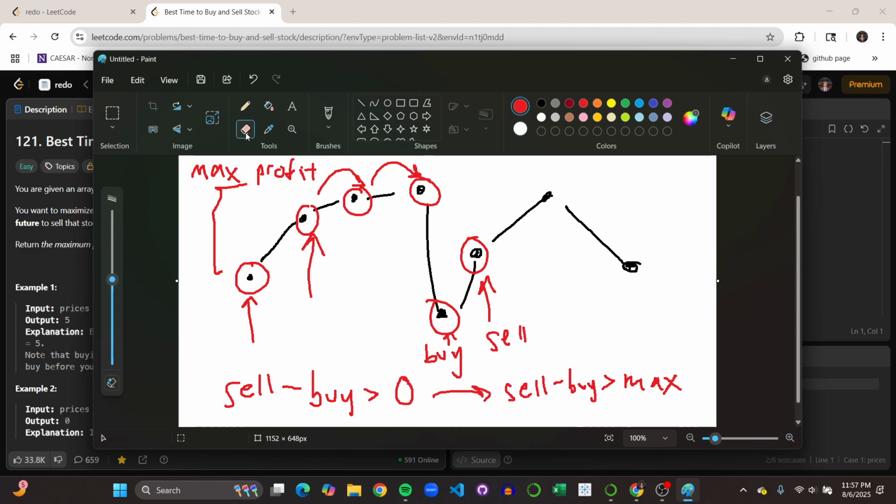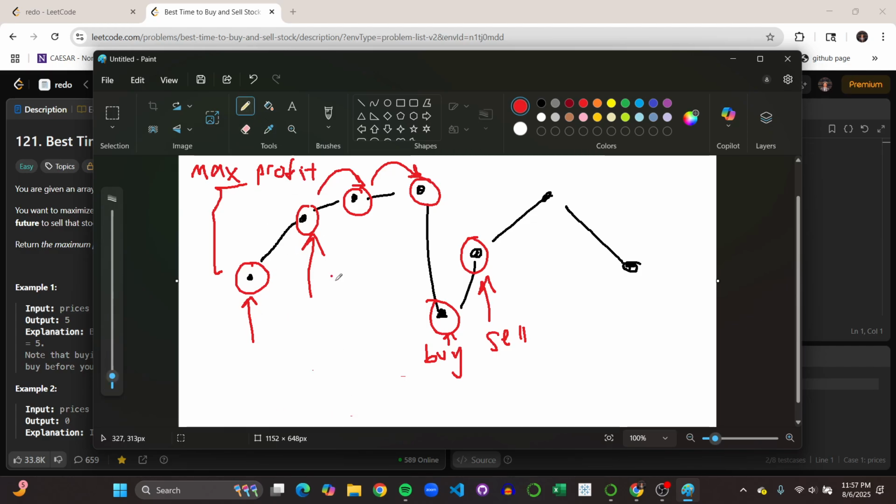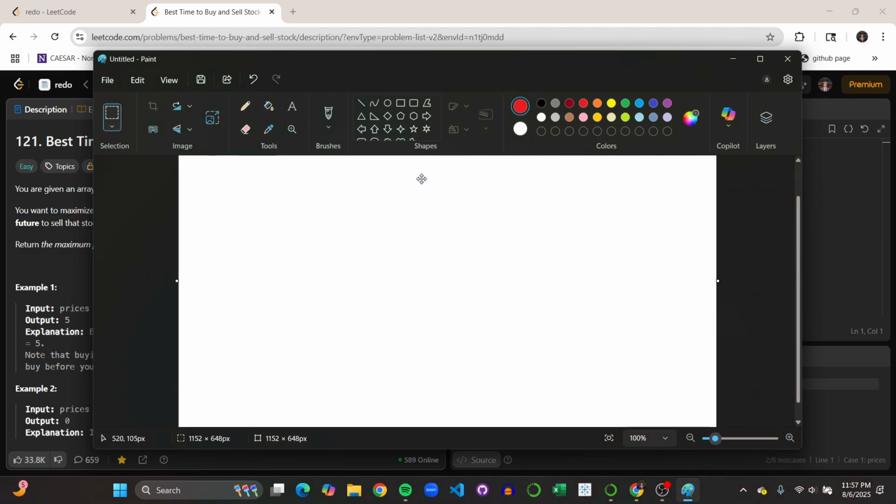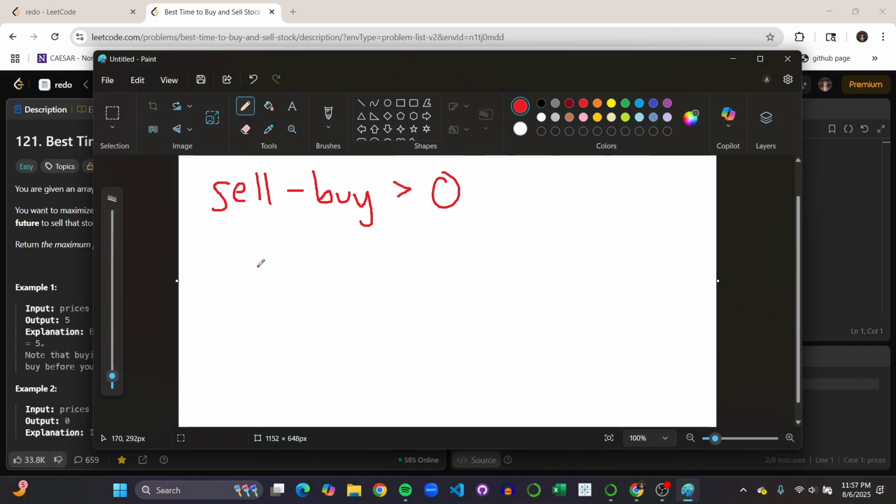So essentially what we have here is two conditions to check throughout the loop. The first one is whether sell minus buy is even profitable. If it is, then check if it's greater than the maximum profit.